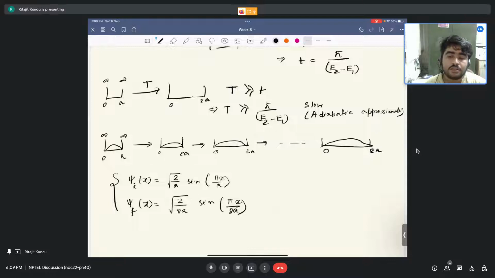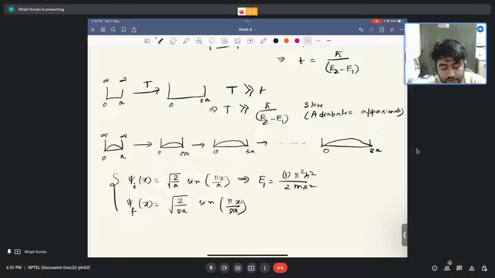Okay, so now the question is, what is the work done to do this change? So how do we do that? We know initially, the energy corresponding to this state is given by n square pi square h bar square by 2 m a square, right? So here n is 1. So the energy was this.